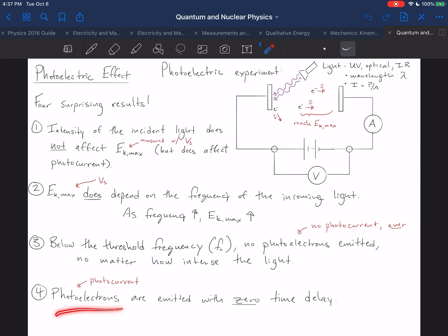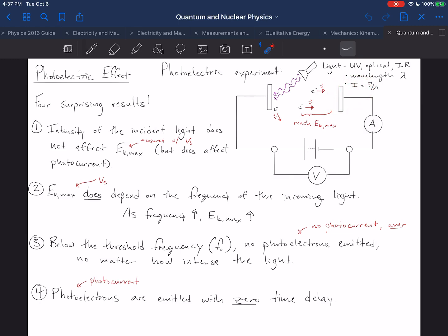And then finally, the fourth and final observation is that the photoelectrons, as measured by the photocurrent, are emitted with zero time delay. So at low intensity light here, you might expect there to be a significant time delay between when you turned on the light and the electrons finally had enough energy to be emitted and then be absorbed here.